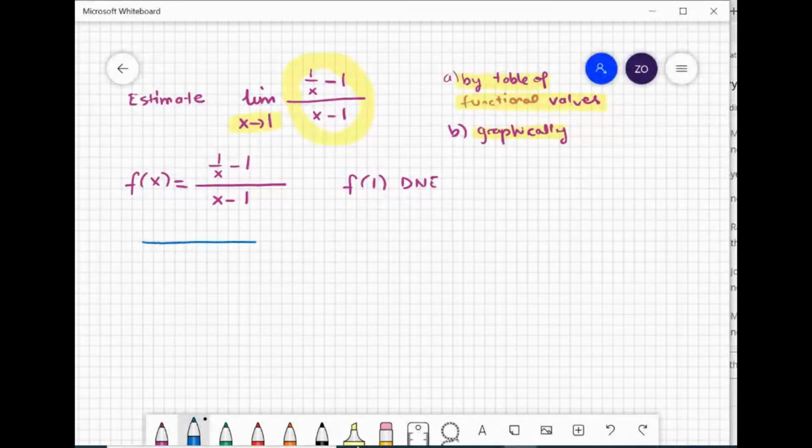So what numbers should we choose? For example, if this is number 1, we can choose numbers that are larger or smaller than 1. The numbers we should choose should be between 0 and 2.